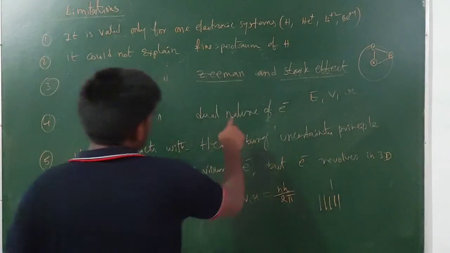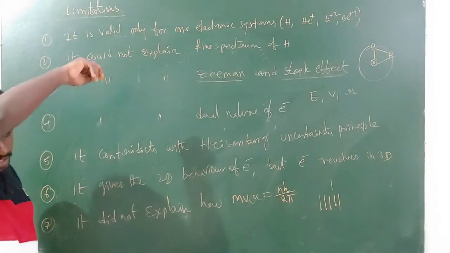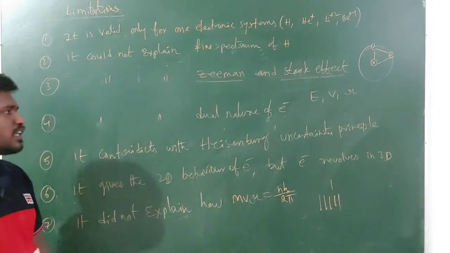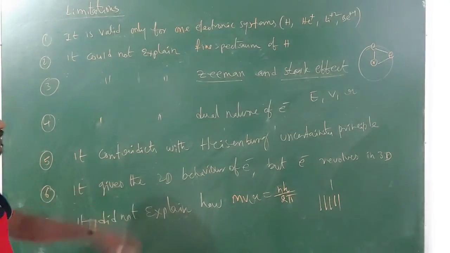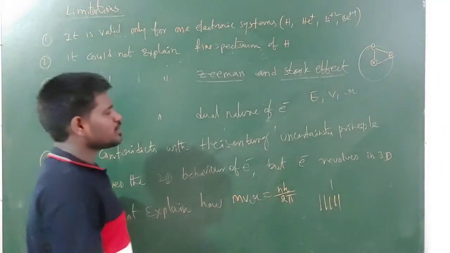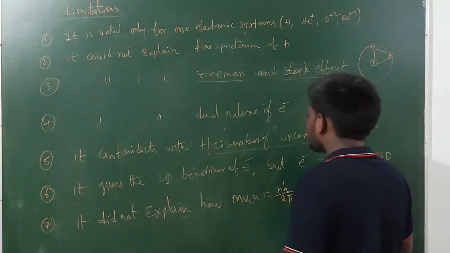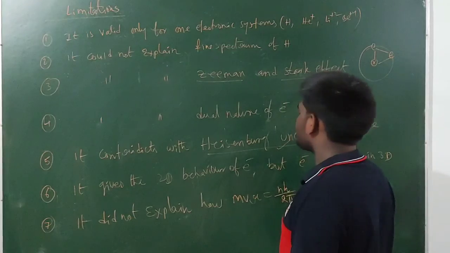Next one, it did not explain the dual nature of the electron. Electron has wave nature also, but here it did not consider the wave nature of the electron. It was explained by de Broglie. Next, it contradicts the Heisenberg uncertainty principle. While explaining this principle, I will explain how this Bohr model contradicts the Heisenberg uncertainty principle.